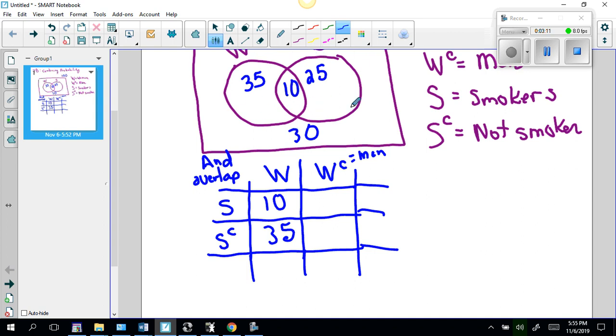You got smoking men, 25, and you got non-smoking men, 30. Now the cool thing about this table is it's self-tabulating. Add them up and you get 100.